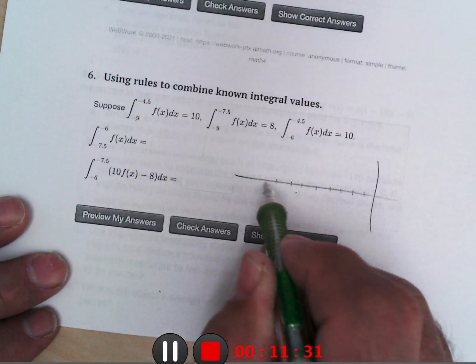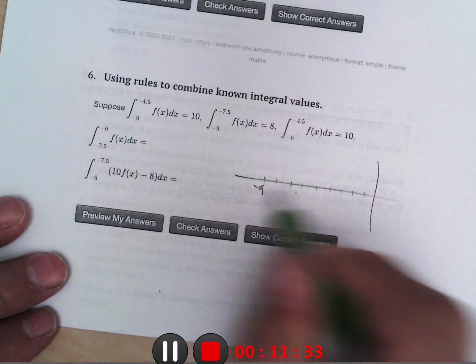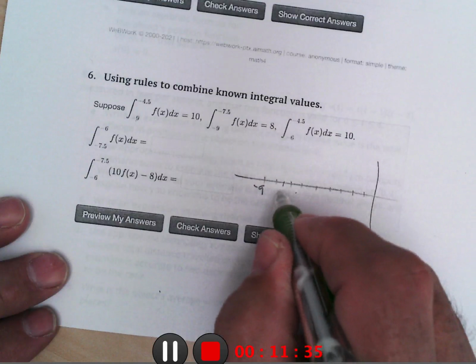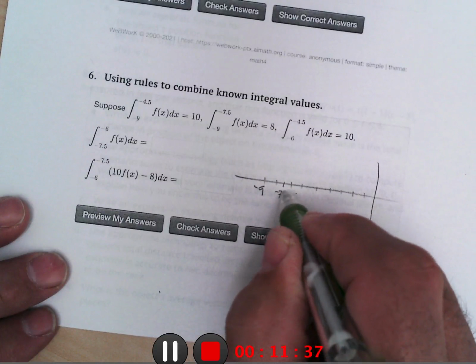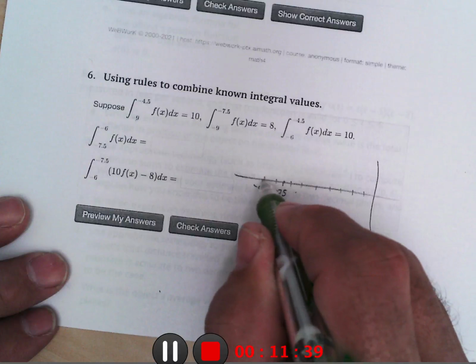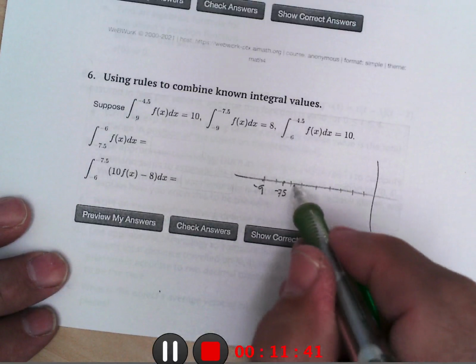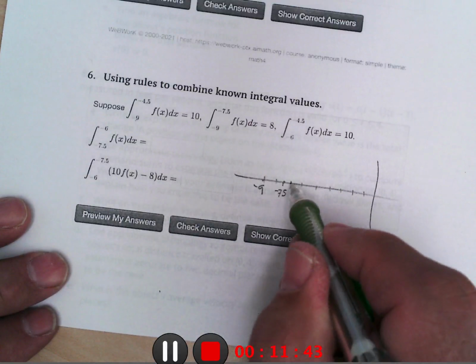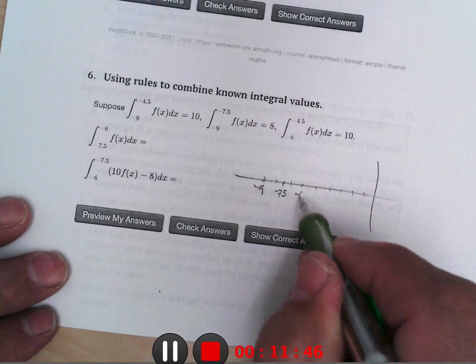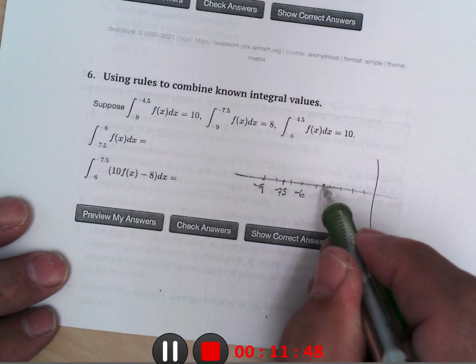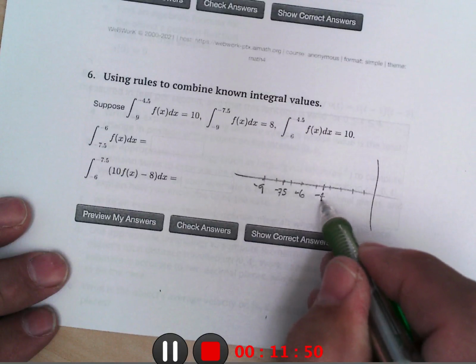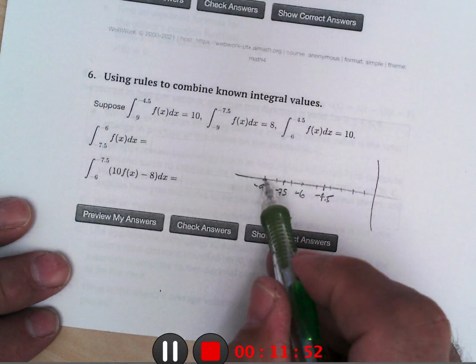There's -9, -7.5. And then we have -6 and -4.5. So we got these places.